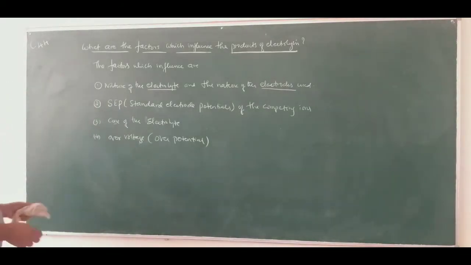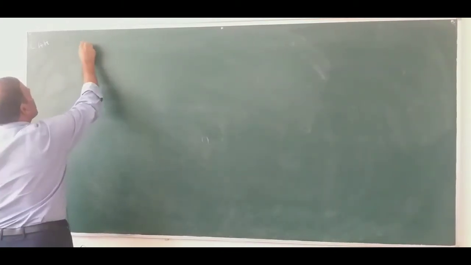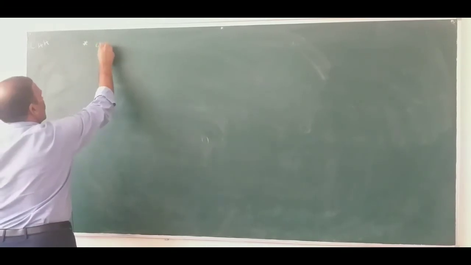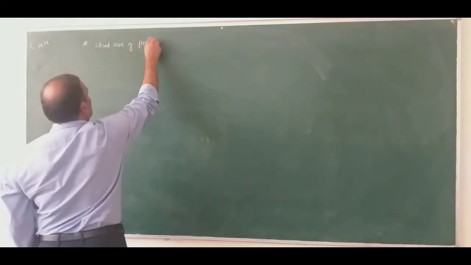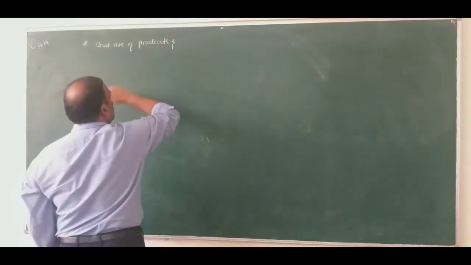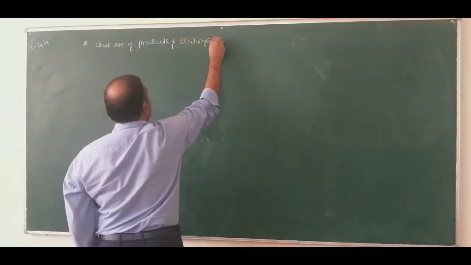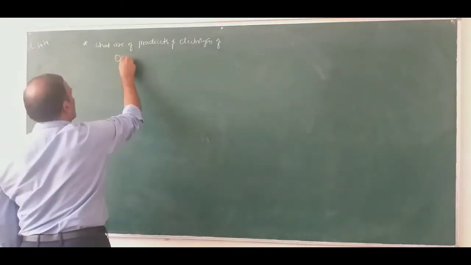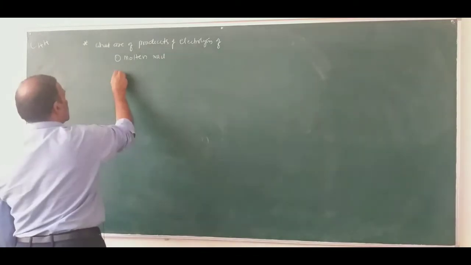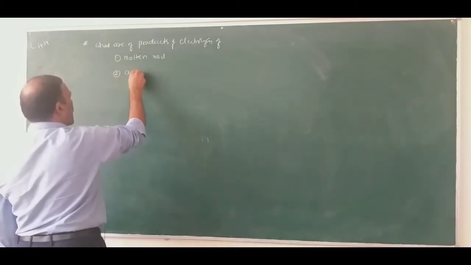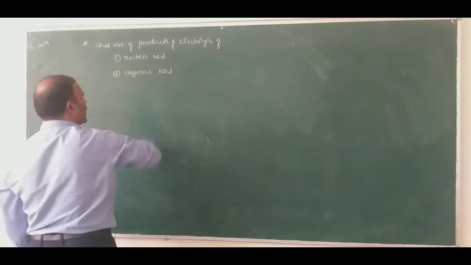Now, this is a very important question. What are the products of electrolysis of number one, molten sodium chloride, and number two, aqueous sodium chloride?